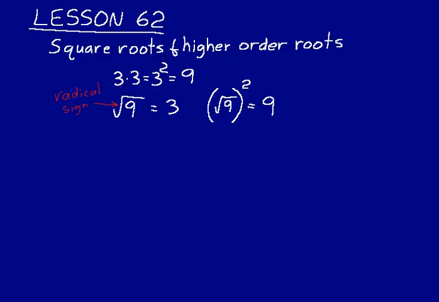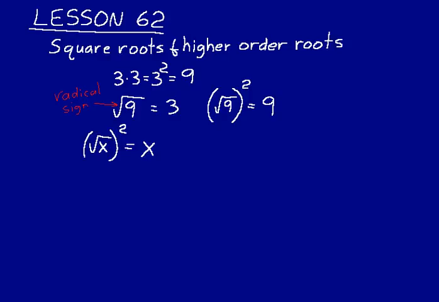Because the square root of 9 equals 3, and then 3 squared would equal 9. So that's basically the definition of a square root. And we can think of that just in terms of a variable. We could say the square root of x, if we squared that, that would equal x.